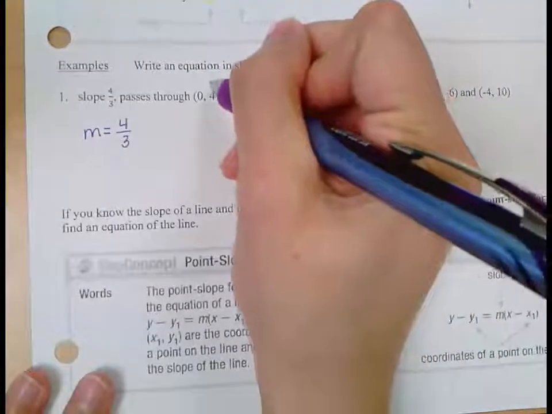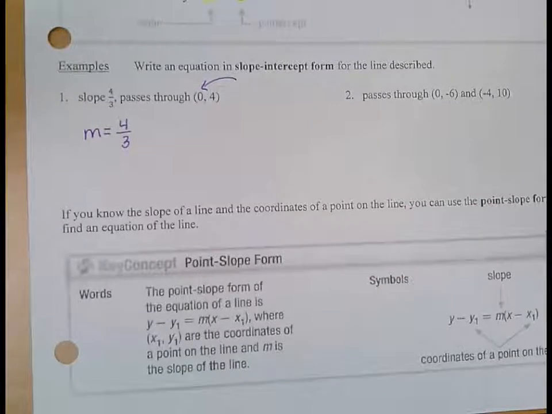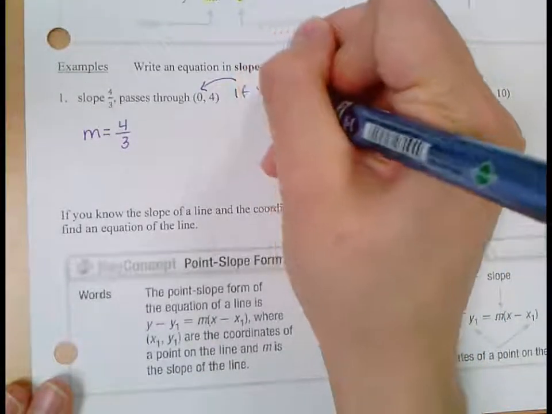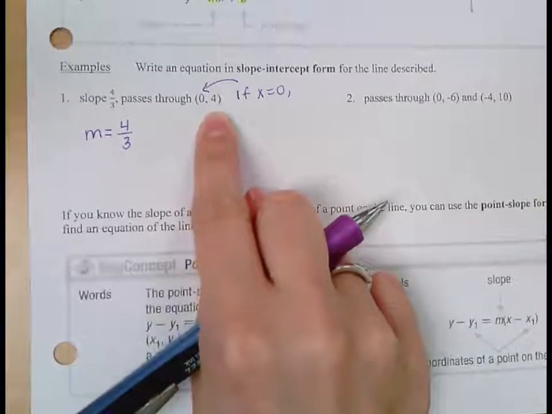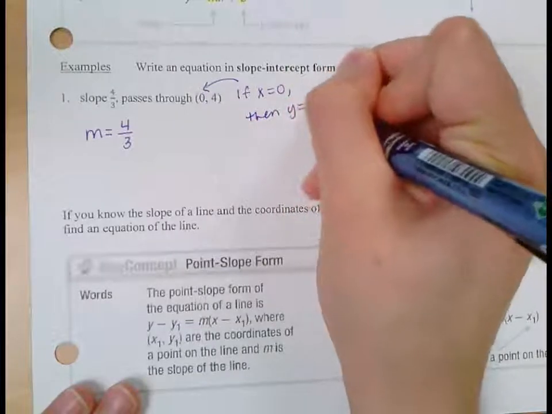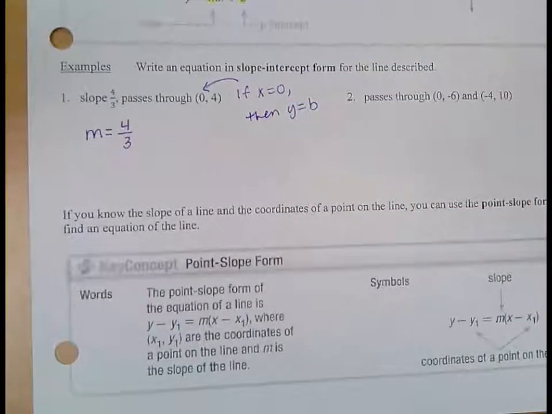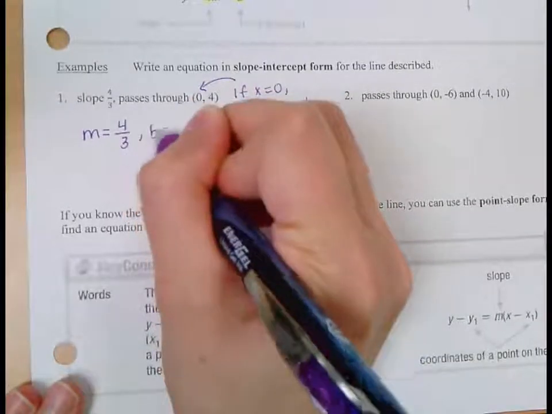Yes, so if you have a point, if the x-coordinate is 0, then the y-coordinate is the y-intercept, meaning then your y-coordinate is your b value. So with this point, because the x-coordinate is 0, this is the y-intercept, meaning the b value is 4.